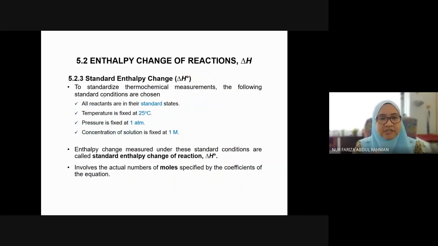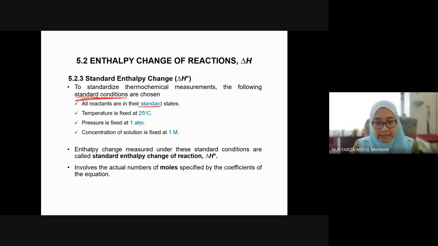The reason it is called standard enthalpy change is because the enthalpy is measured at standard conditions. Okay, what are the standard conditions? So all reactants are in their standard state. Apa maksud standard tu? Standard is normally, kalau kata senangnya, adalah dalam keadaan natural dia.